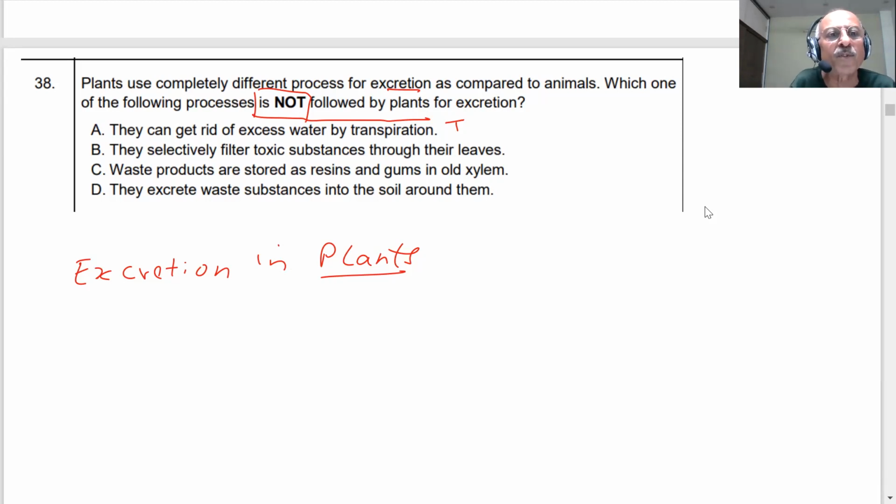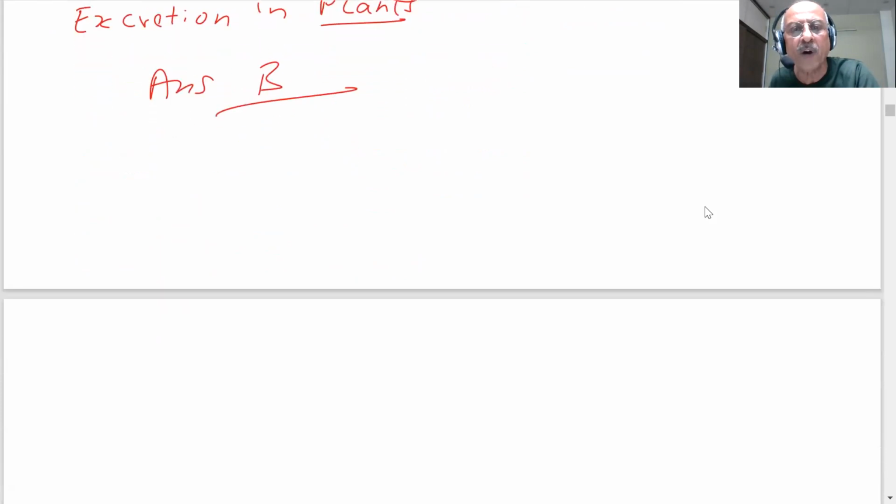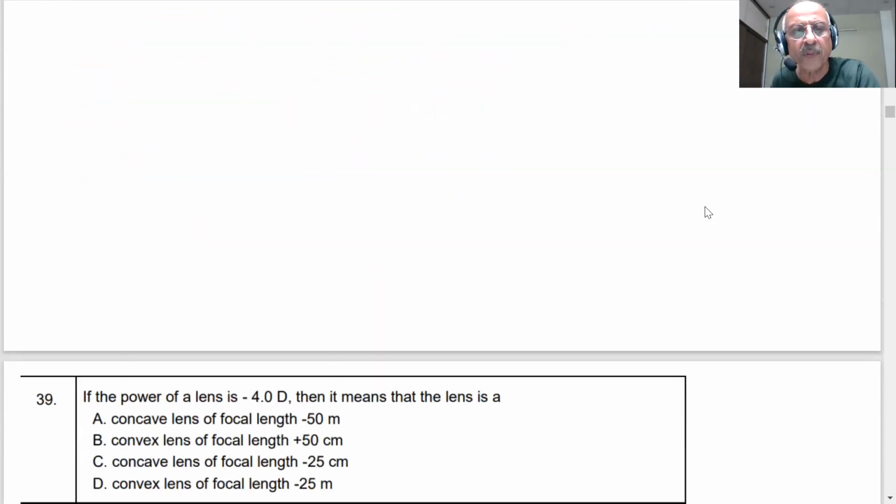So this is not correct, student. This statement is not true. I am saying not. Waste products are stored as resins. Yes, that is true. They excrete waste substances as oil. That is also true. Then our answer to question 38 is B. Read the statement carefully. What question has been asked? According to that, you answer the question, students.